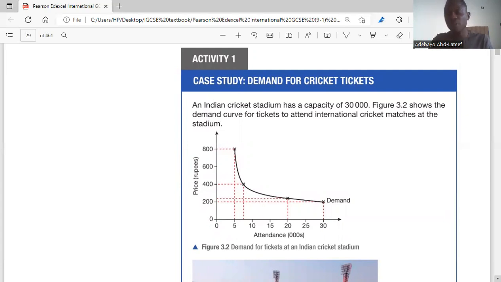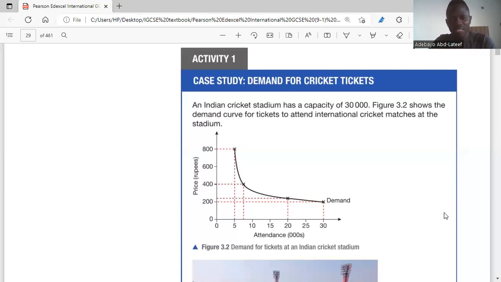You could demand a product because of its price. You could stop demanding a product due to its price. But there are other reasons that might make you demand a product or reduce the demand for a product. We call those other factors non-price. But right now we are discussing the price factor. So for the price factor, it will lead to what? A movement along the demand curve.